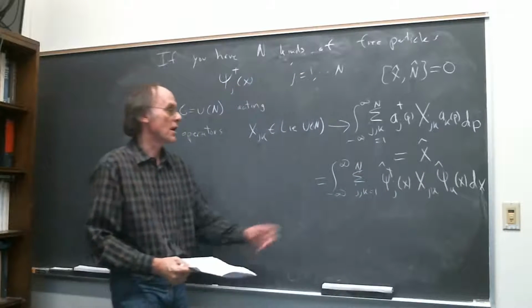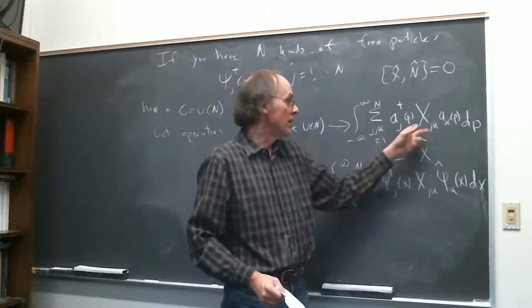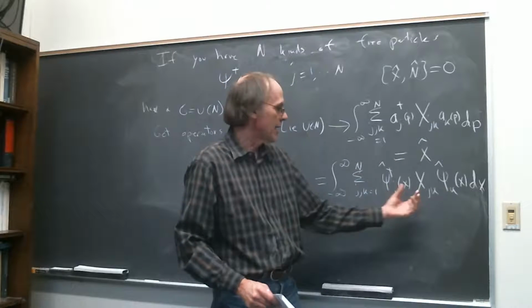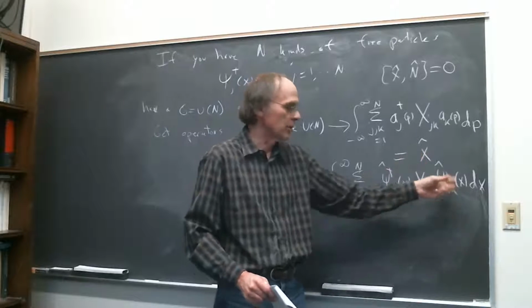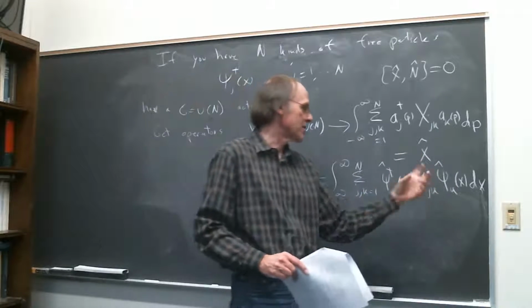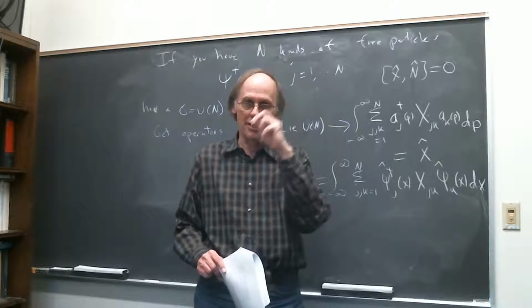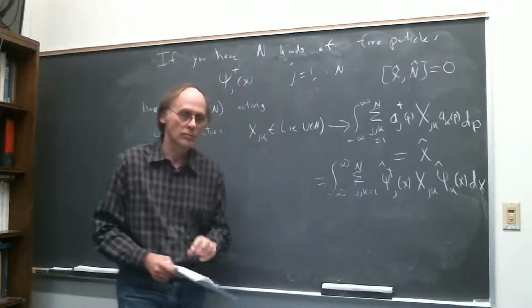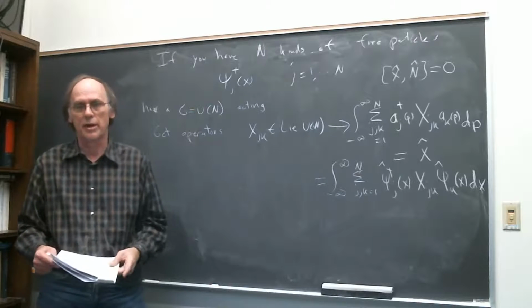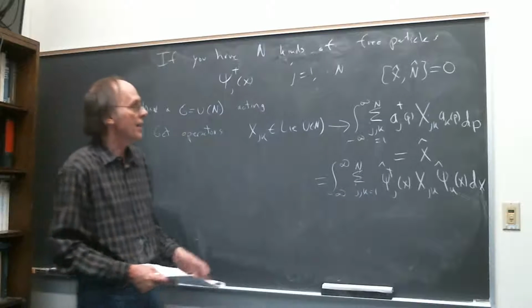You can write this guy in terms of P space or in X space, and in X space again, it's completely diagonal in X. It's a symmetry that's happening independently at each value of X. So that's an internal symmetry, and again, the same story.